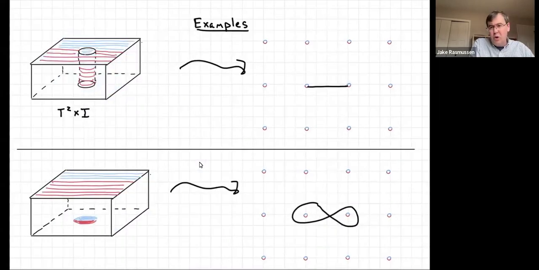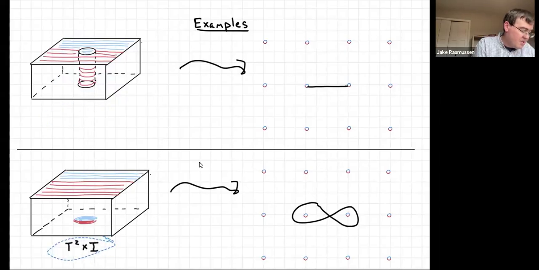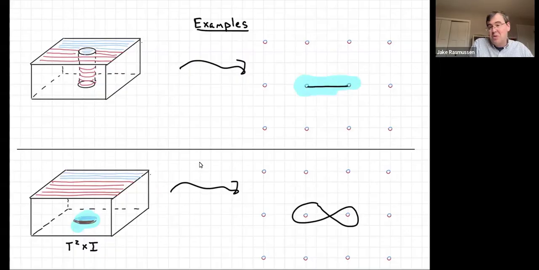A picture that's almost the same, but a little bit different, is here if I really took T2 times I, so this should belong down here. I could color the top the same way I did before, but not drill out the hole, and instead just put this little yin-yang down here. When I do that, I get a picture that looks like it has something to do with this, but it's not quite the same.